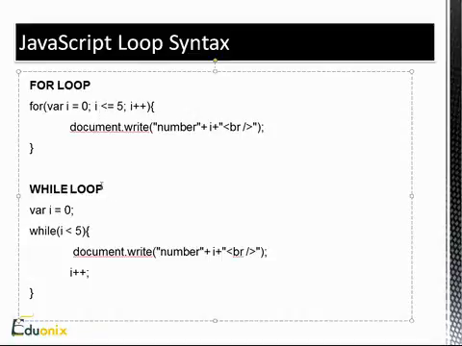Now the while loop, we're actually doing the same exact thing here, just using the while loop. So we want to declare the variable just like we declare any variable, and then we want to say while, and then in the parentheses we want to put the condition, which is if i is less than 5, and then we're going to do the same thing. We're going to write out number 1 through 4 because we don't have the equal sign here.